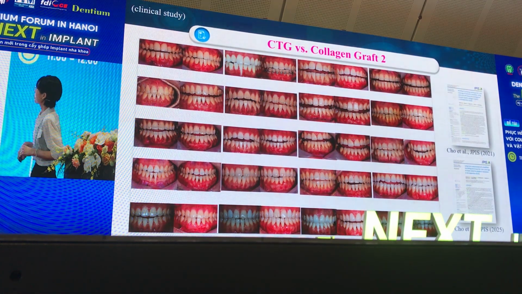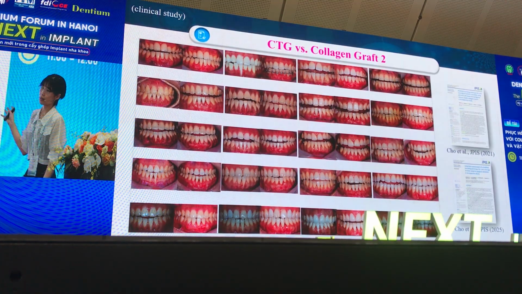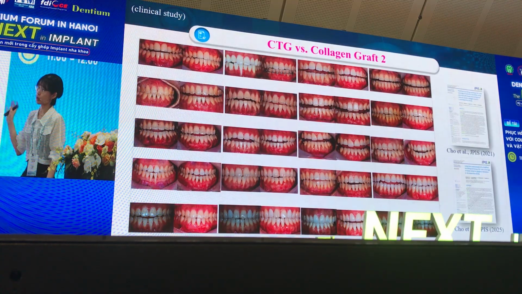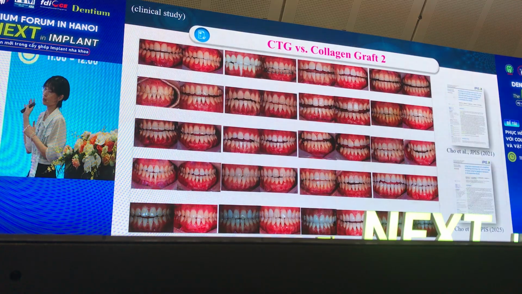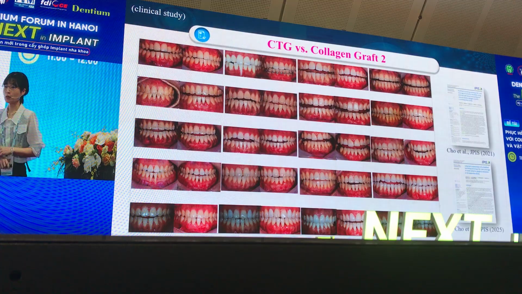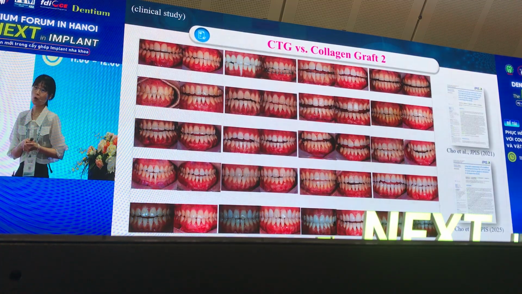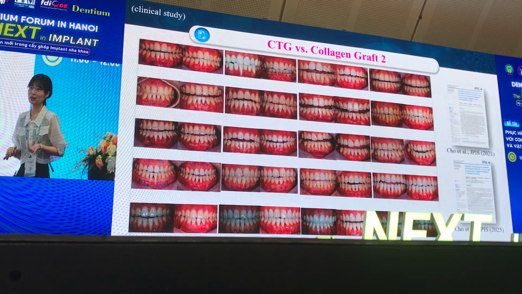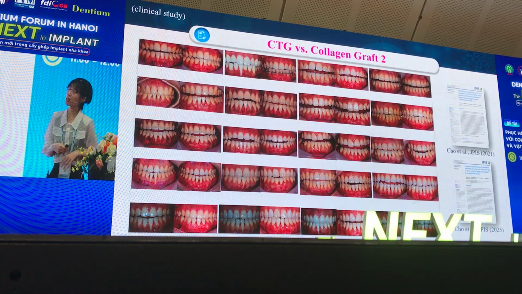This clinical outcome shows that the collagen graft tube has shown a similar clinical effect to the connective tissue graft in the PDM. So I recommend using the collagen graft tube when you want to do very easy and simple treatment for your gingival recession patients.